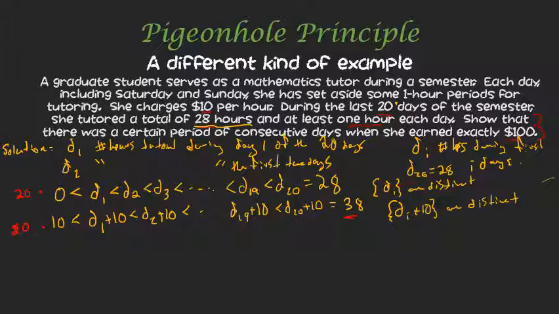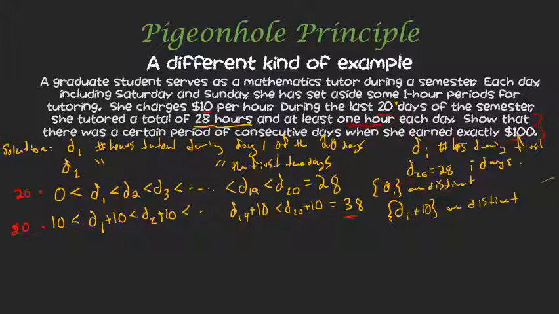So in total, all of the D sub i's and the D sub i's plus 10, there's 40 of those, but they're all crammed into this interval between 1 and 38.